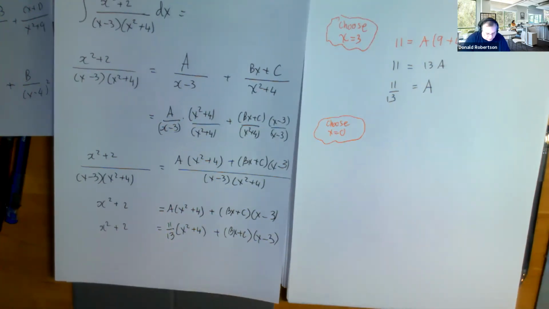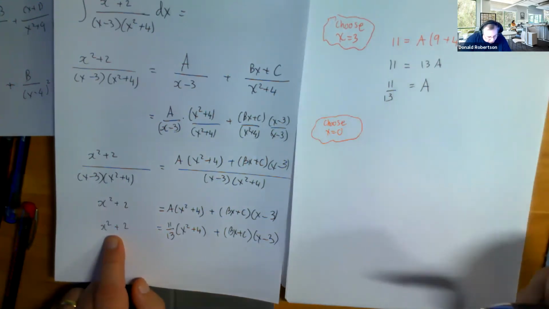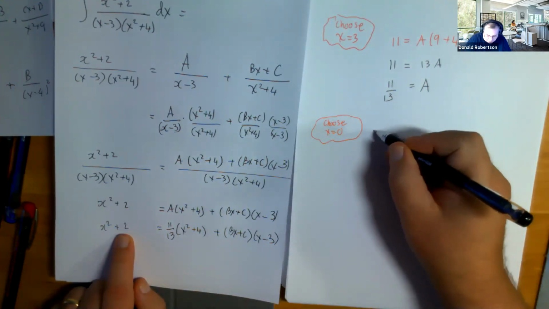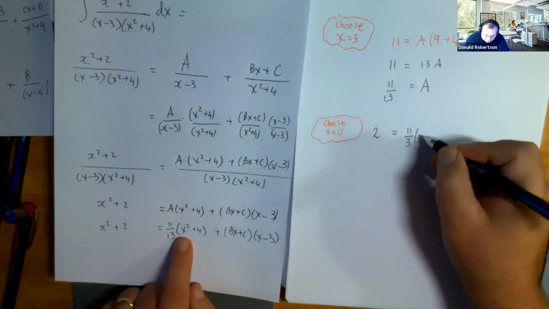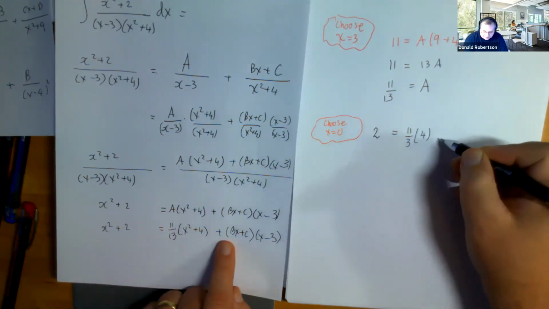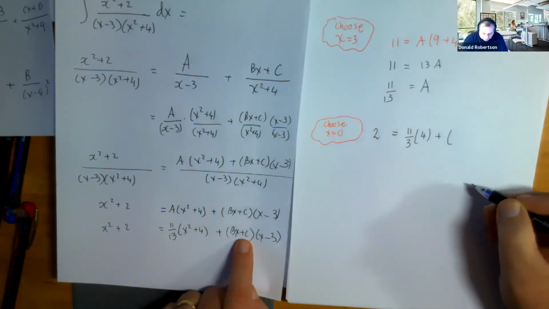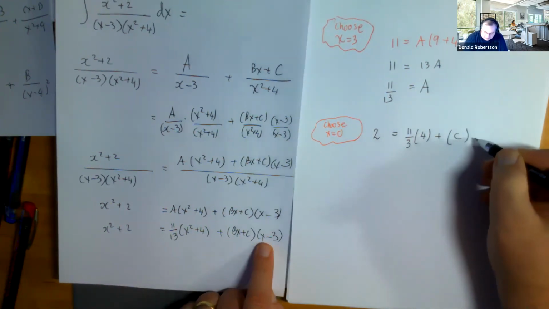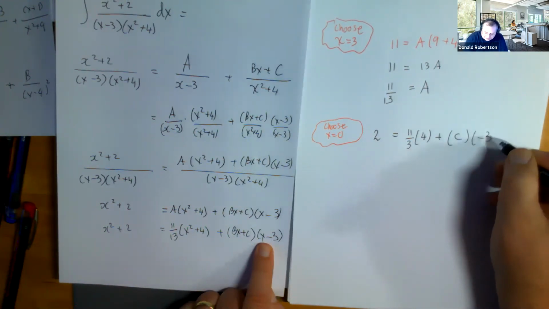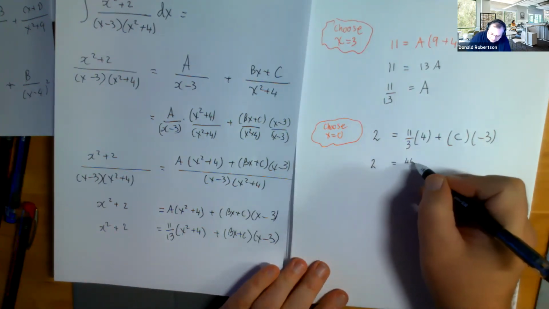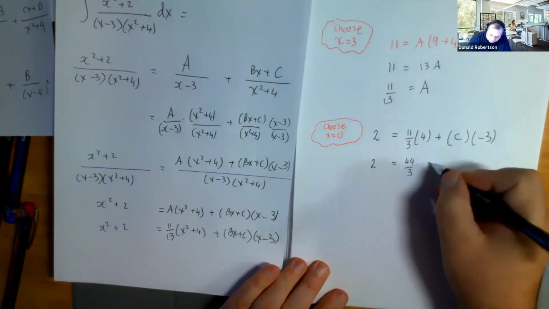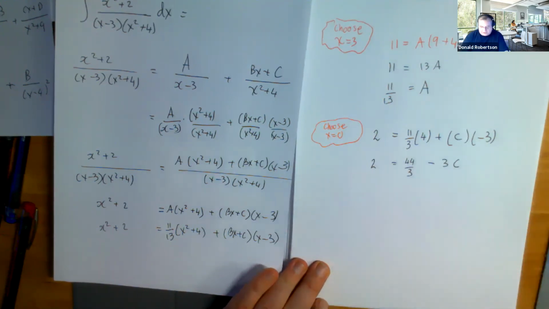So let's see what we now have. We have 0 squared plus 2, which is 2. I have 11 thirteenths times 0 squared plus 4, plus 0 times B, and C just gets you C, and 0 take away 3 gets you minus 3. So 2 equals, yikes, 44 thirteenths, take away 3C.